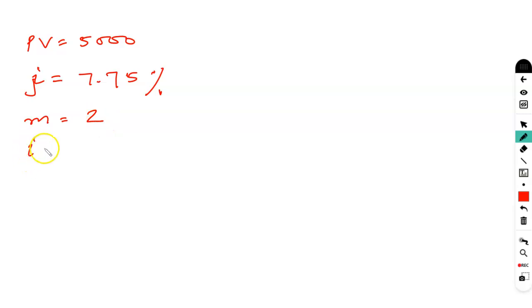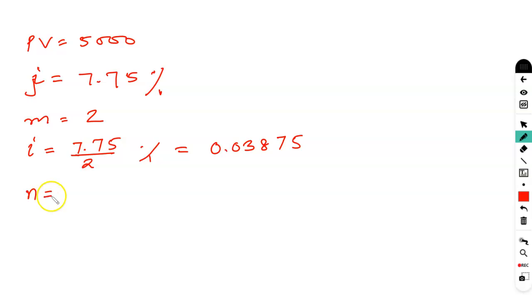So we can calculate the periodic rate of interest as 7.75% over 2, which, if you calculate, is equal to 0.03875.